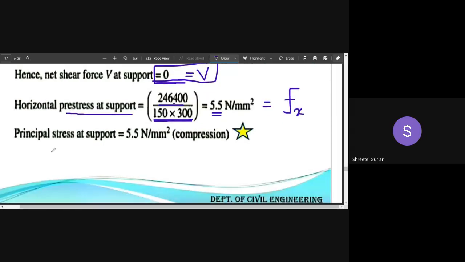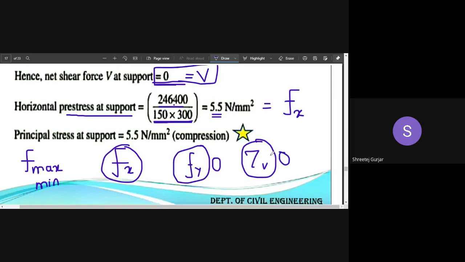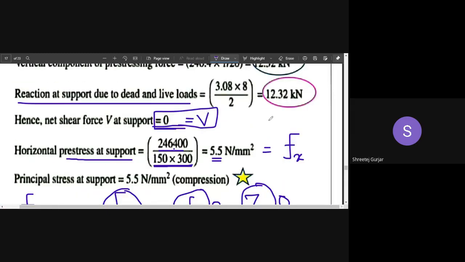Now if you want to calculate F maximum and F minimum, we know it requires Fx, Fy, and tau V. Fx we have calculated, it is 5.5. Fy is 0 because there is no vertical pre-stressing applied. And tau V is also 0 because V is 0.